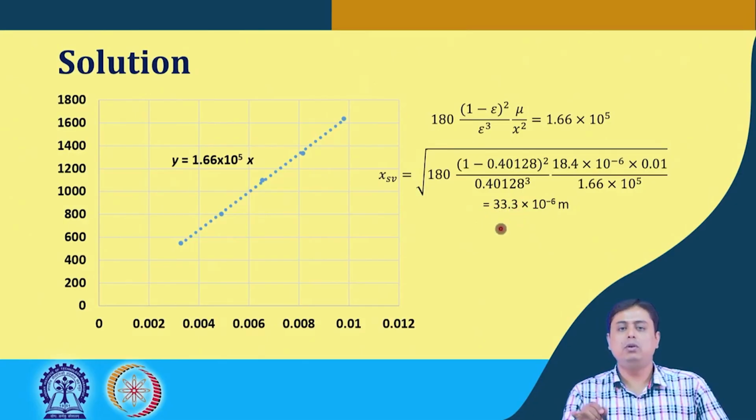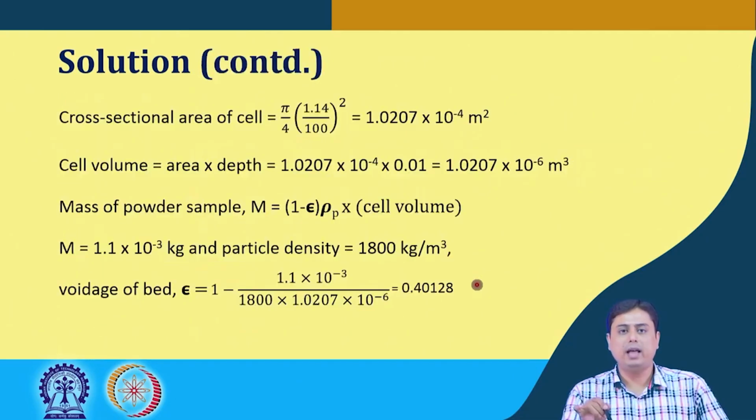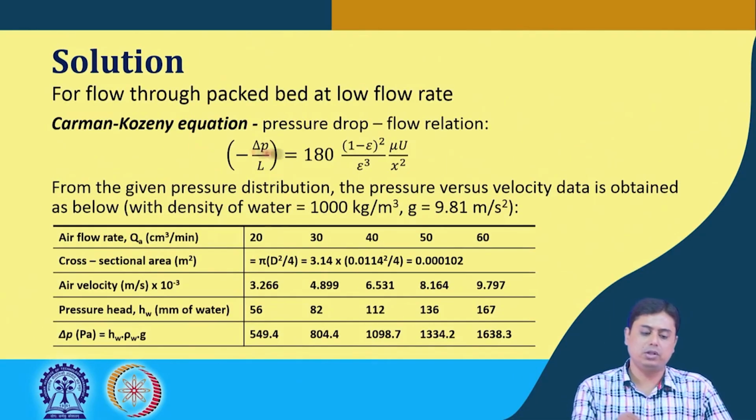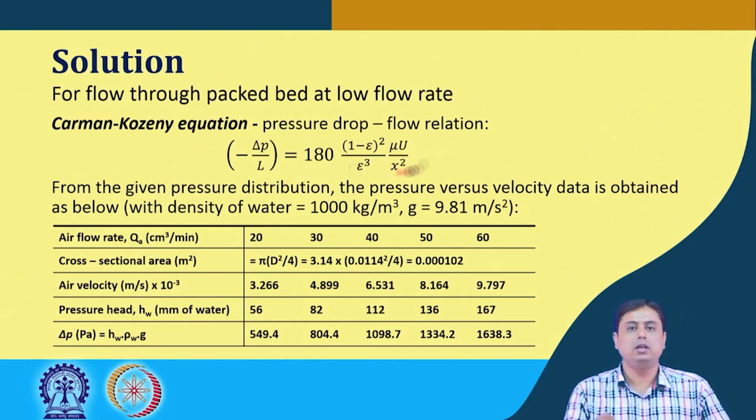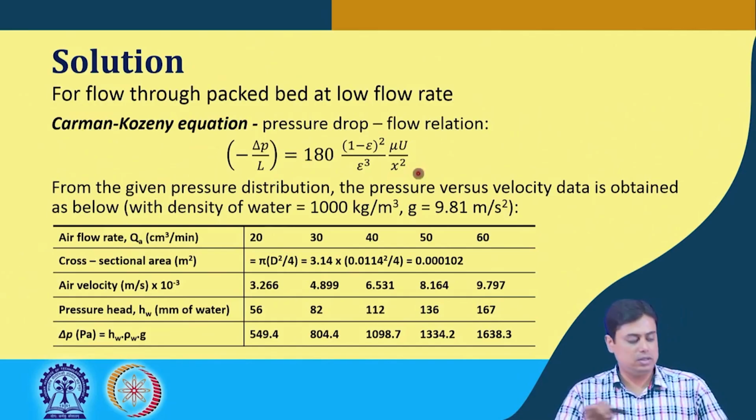You should be able to find out the particle Reynolds number and check that it is really low, so that the application of the Kozeny-Carman equation is valid. So, this is the cross check you must do that I have not shown here.